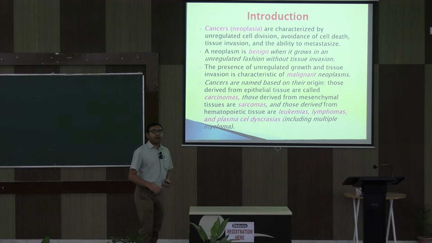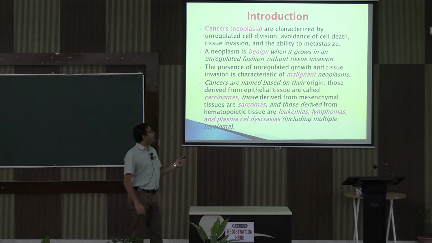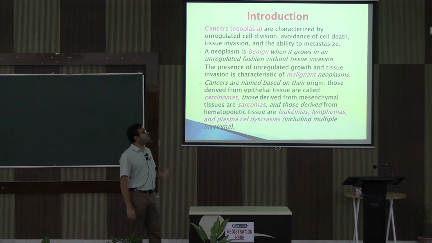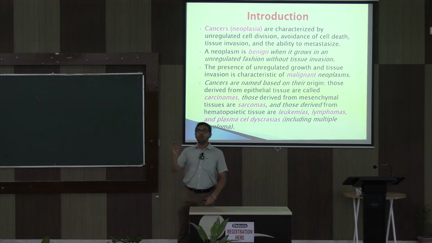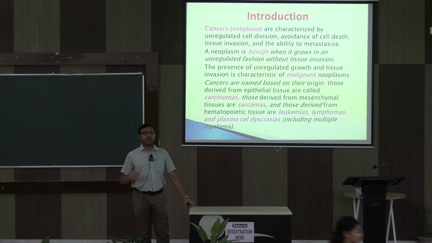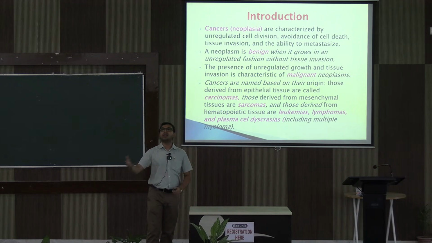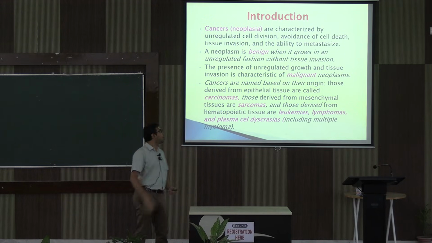So this is cancer or neoplasia, characterized by unregulated cell division, avoidance of cell death, tissue invasion and ability to metastasize. When invasion of the tissue happens, that becomes malignant and ultimately there will be metastasis, to different parts all over the body.